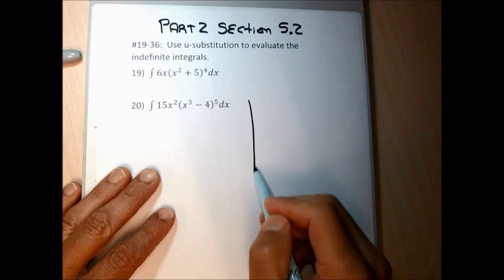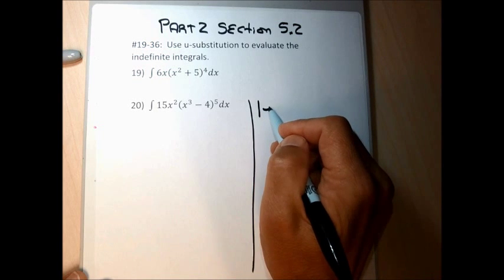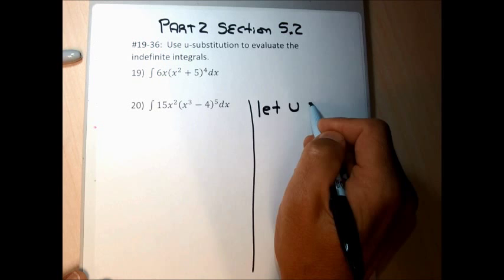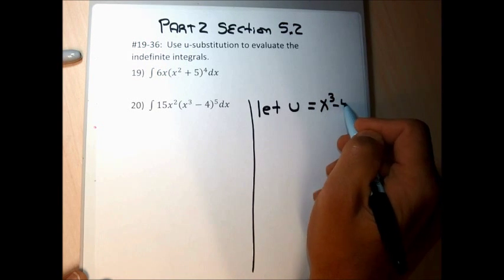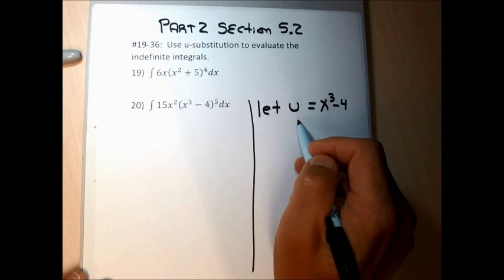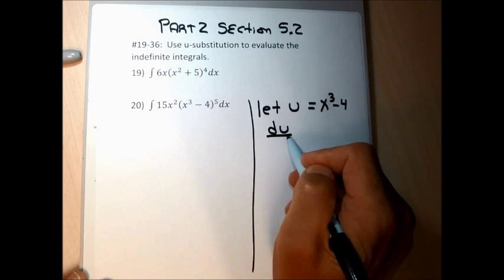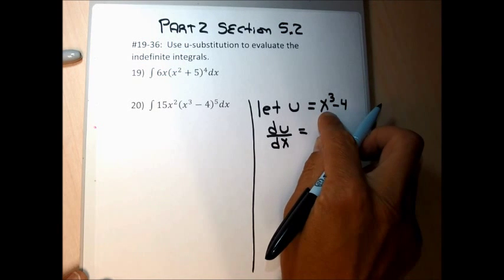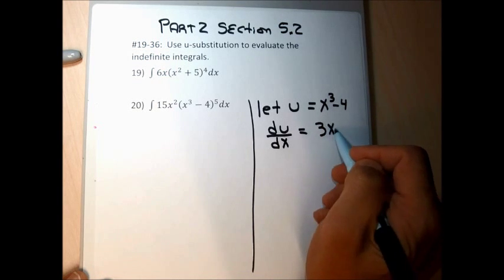I'm going to leave myself some room by doing the u work over to the side. So just like I would have done for the first 18 problems, for number 20, I'd let u be equal to x cubed minus 4. And then the derivative of u, taking it with respect to x, I'm going to get du dx equals the derivative of x cubed, which is 3x squared.